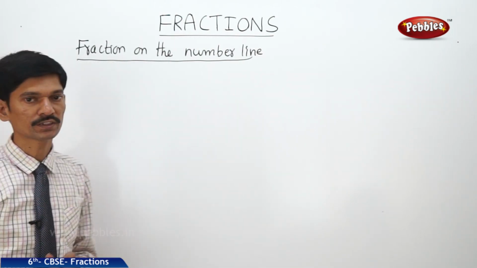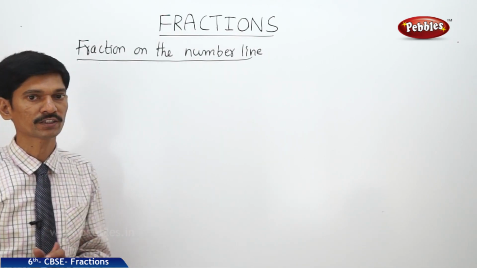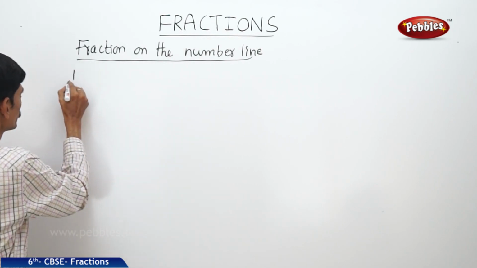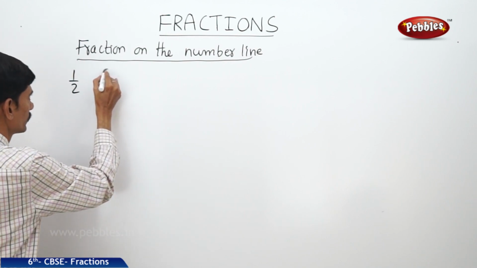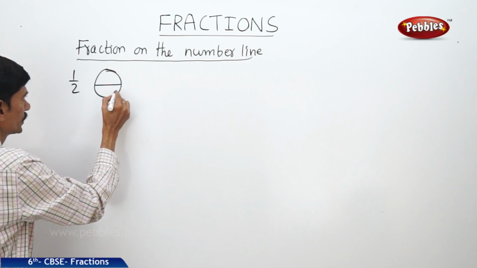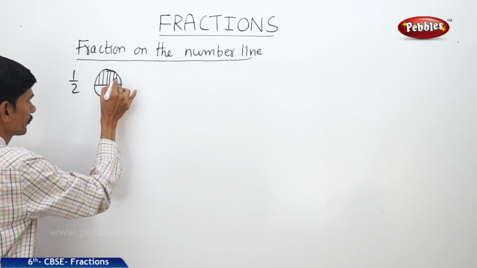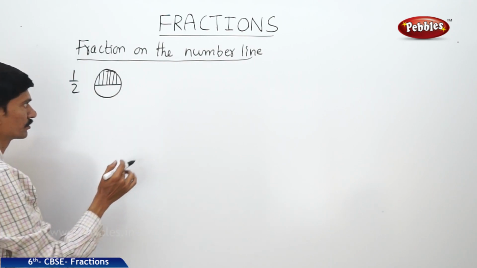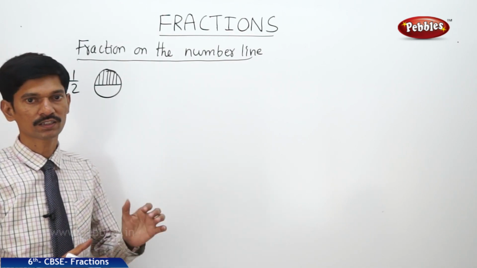Now fraction means it is a part of the whole. Then how to represent a fraction on the number line? So first let us represent 1 by 2 on the number line. So 1 by 2 means 1 out of 2 equal parts. Here the shaded portion represents 1 by 2 and even the unshaded portion also represents 1 by 2.